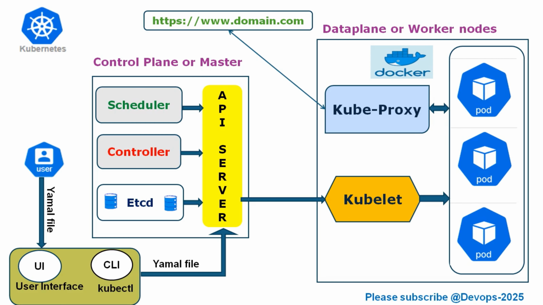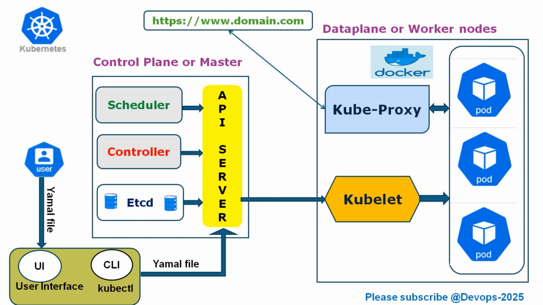Okay, so let's conclude on this. Once again, let's understand how the traffic flow, or how the architecture, works. First, as a user, you will run kubectl with the help of your YAML file. That YAML file is read by the API server and stored in the location called etcd.